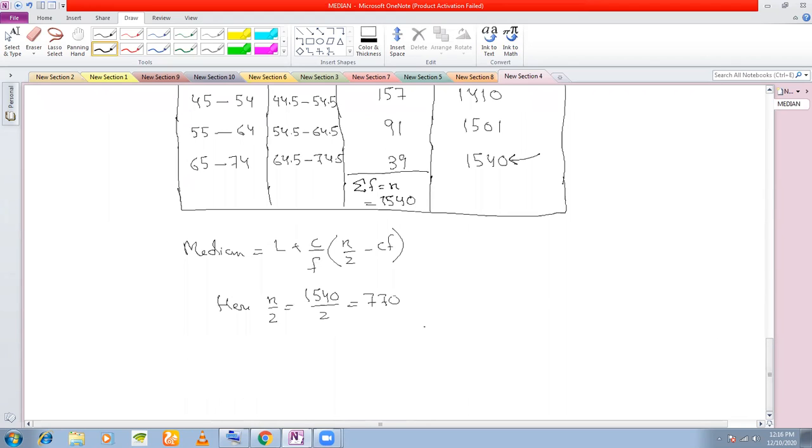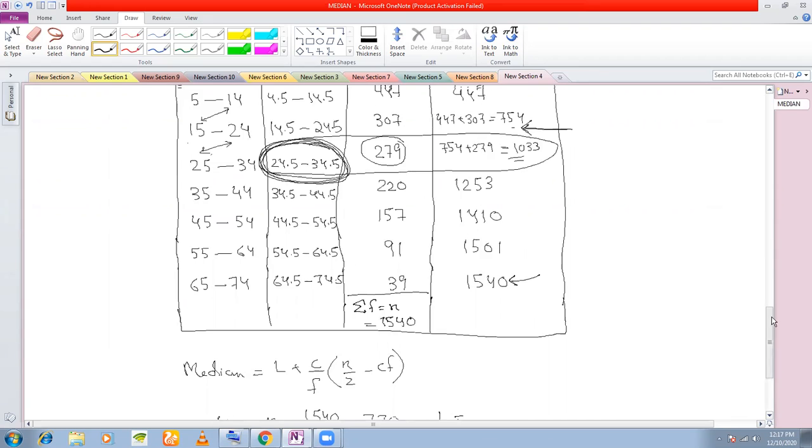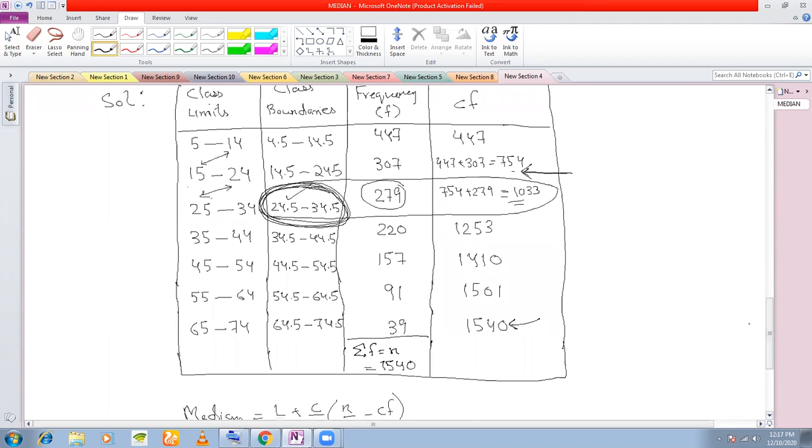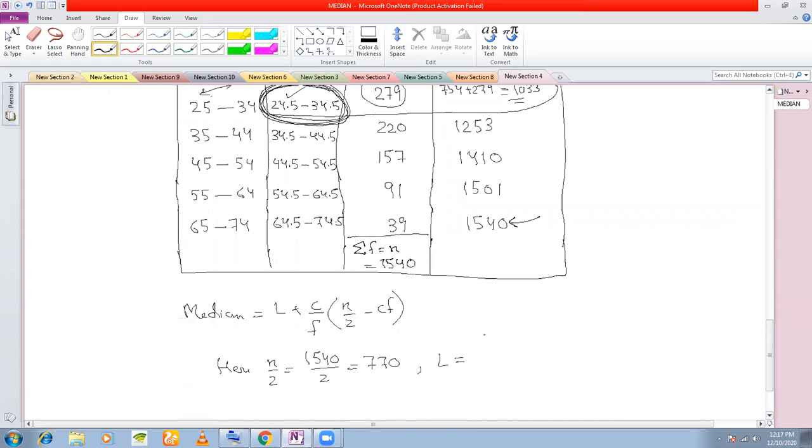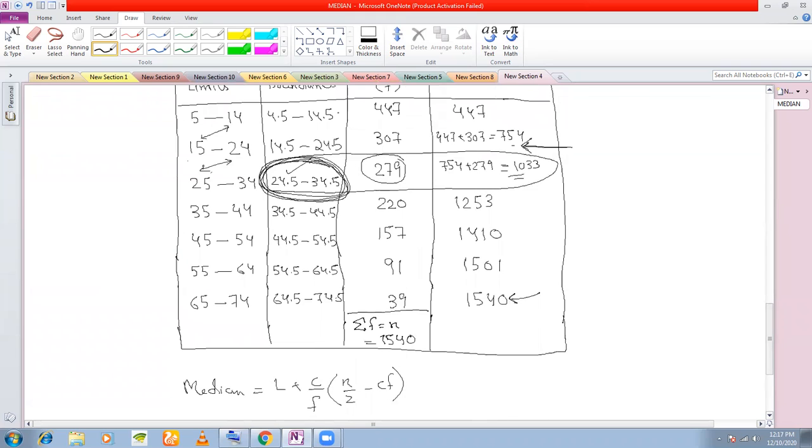Now see, L is the lower limit of the median class. What is the lower limit of the median class? 24.5, right? What is the class width? Class width here is 14.5 minus 4.5, which is 10.